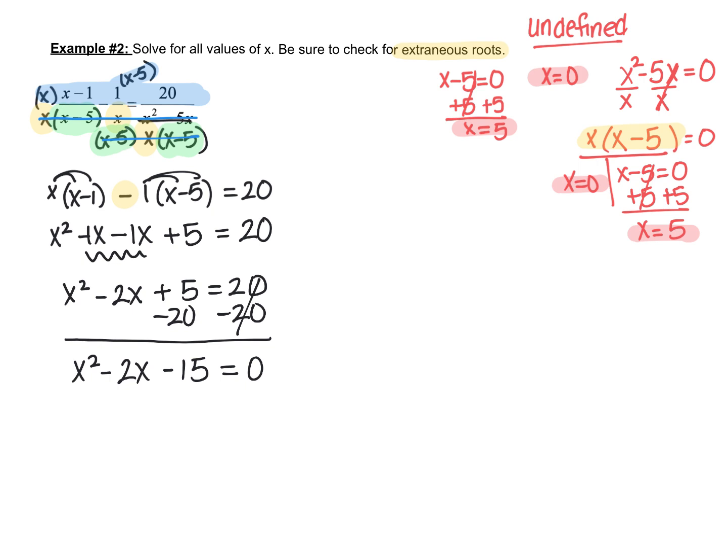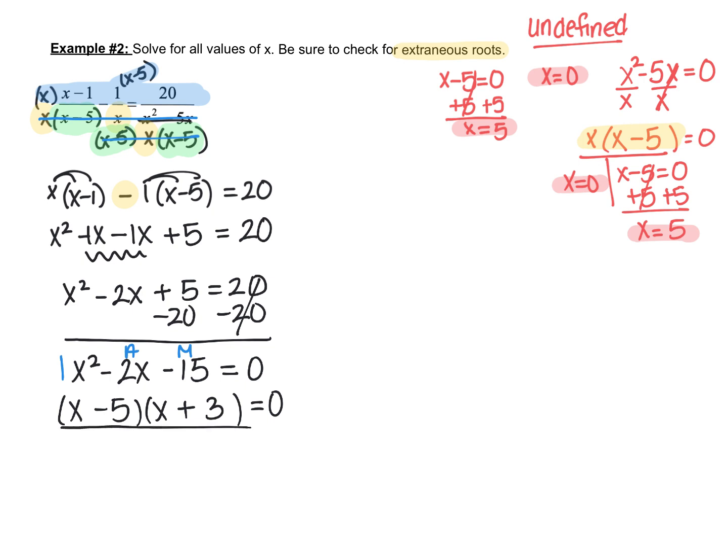Now to factor a trinomial, we need to use AM, reason being, the leading coefficient is 1. So we need factors that multiply to negative 15 that are going to add to negative 2. I believe it's going to be a negative 5 and a positive 3.